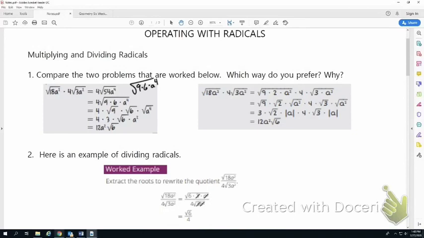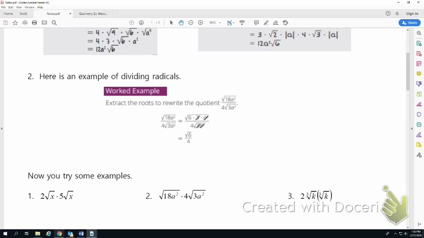So going to the division example here, same idea. I take the numbers that are in front of the radicals. So I've got 1 and 4, so I'm actually going to start this as 1 over 4. And then after that, I take the radicands, whatever is underneath the radicals.